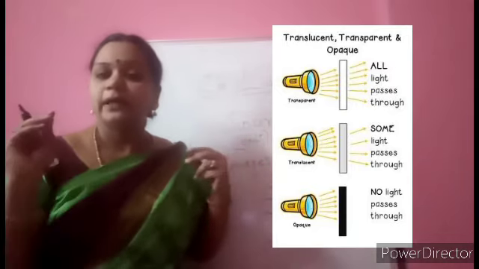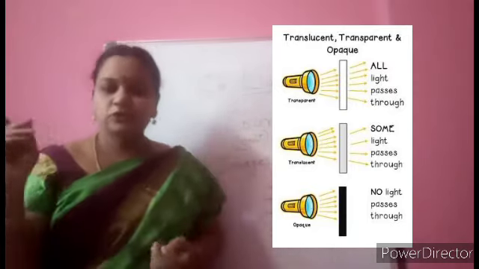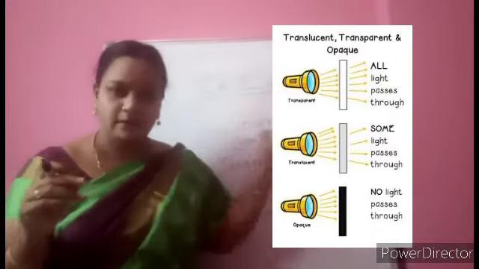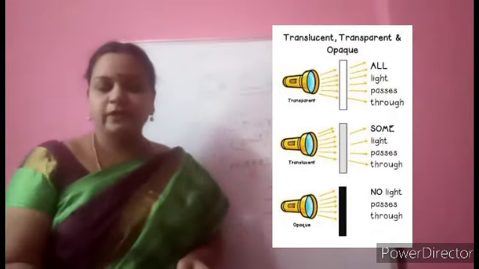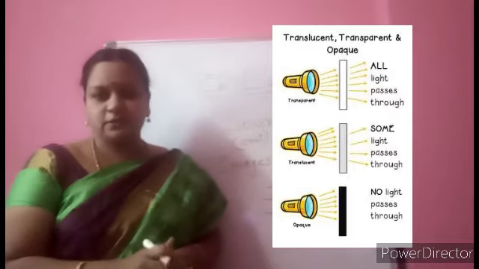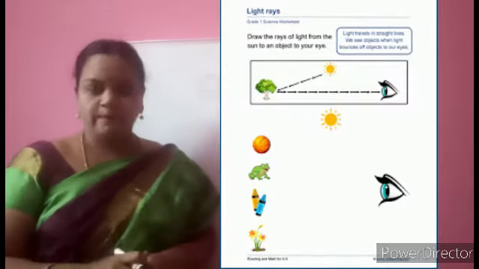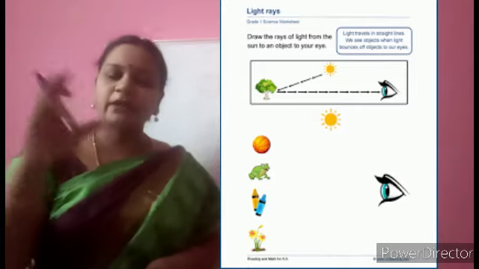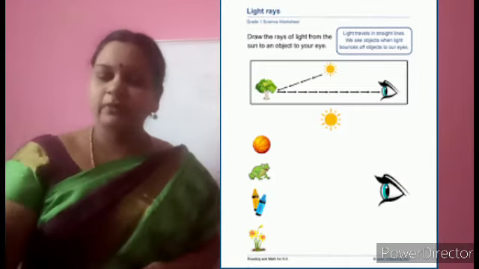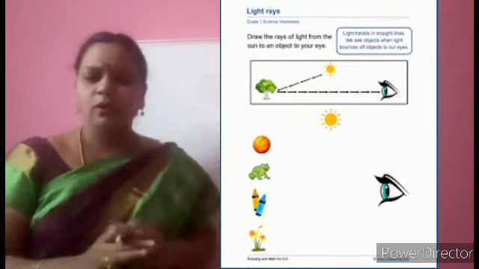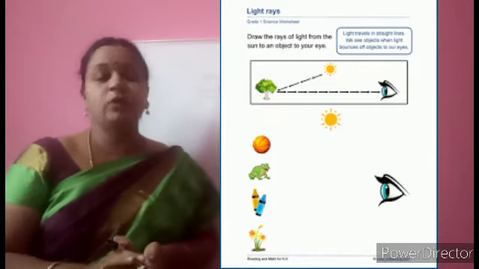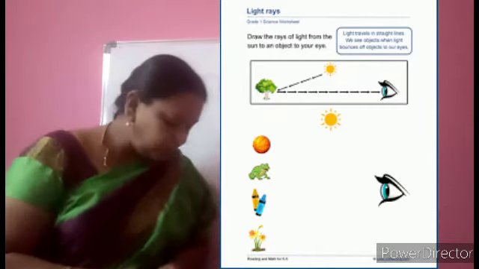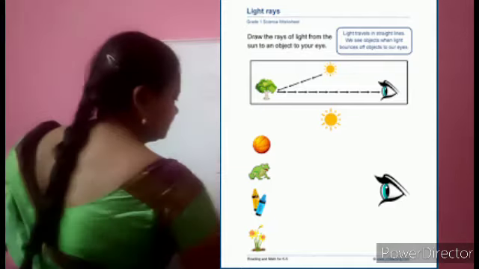So now, the path of light. Just now we said when light rays are moving, if an opaque object is kept on the path of the light ray, a shadow is formed. And using a pinhole camera, we can capture an image of a nearby building and all. So from all this, one thing we can infer. What is that, children? What do you understand about the path of light?